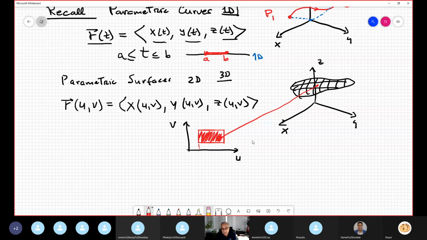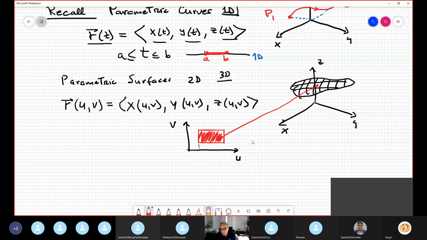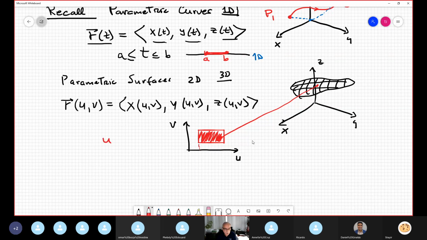To compute the surface integral, what is the range? The range is important. For example, u varies from A to B, and v varies from C to D. It's important. You define the expressions one by one, and you specify the domain.